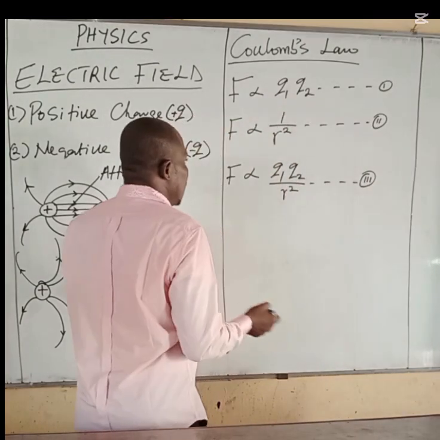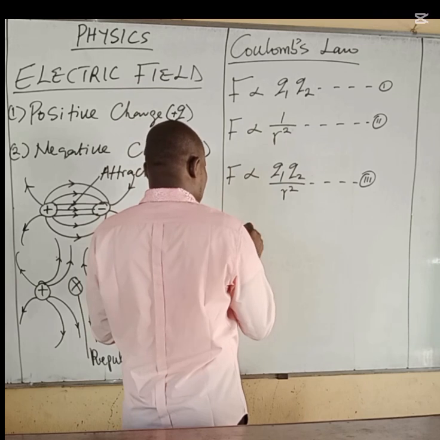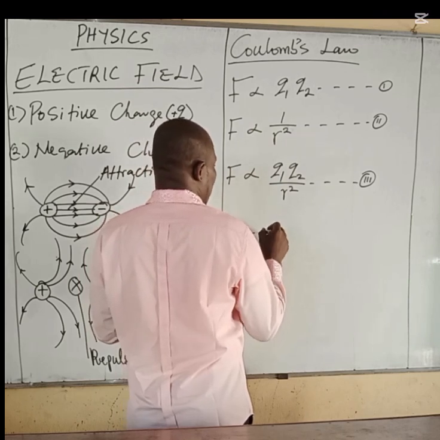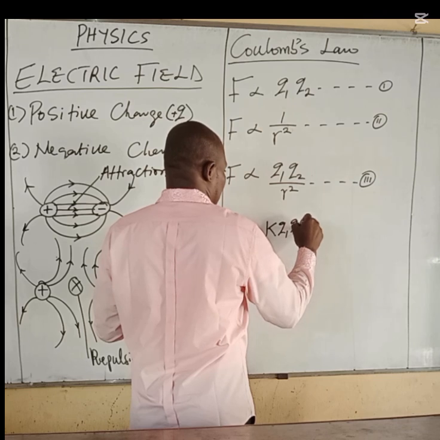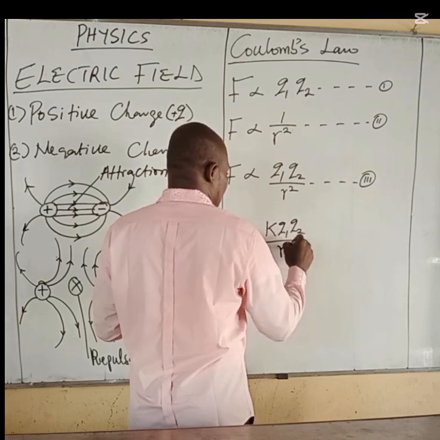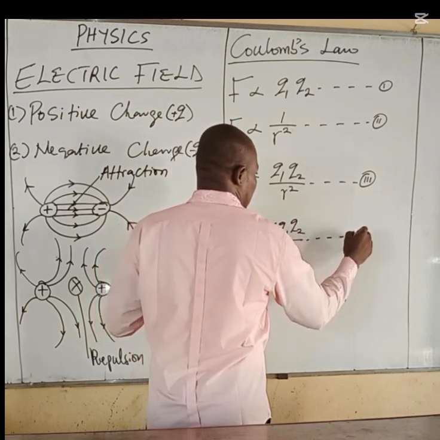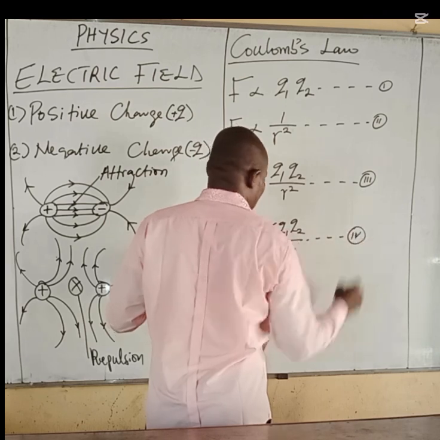Now, I can remove the sign of proportionality so that we have F equals a constant times Q1 Q2 all over R square. And this is equation 4.